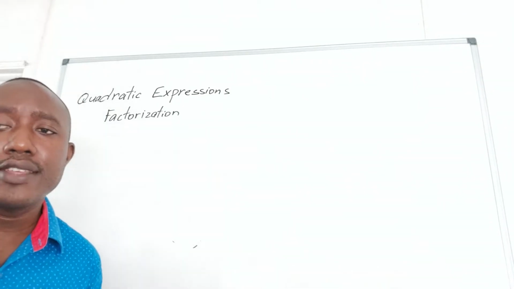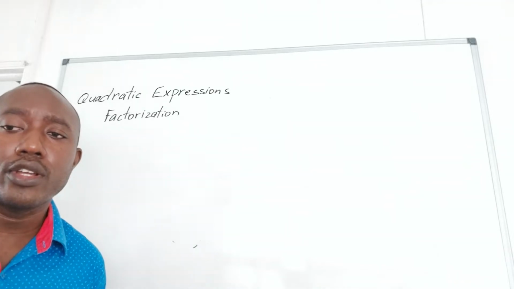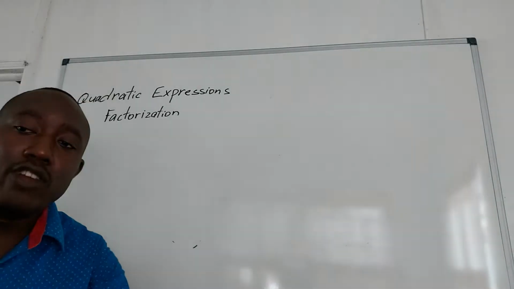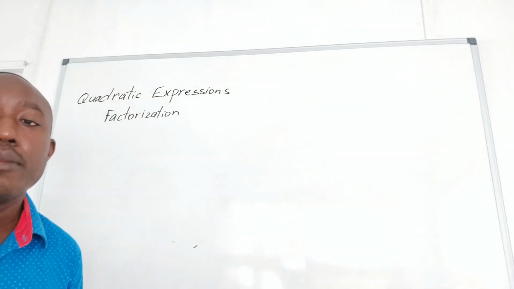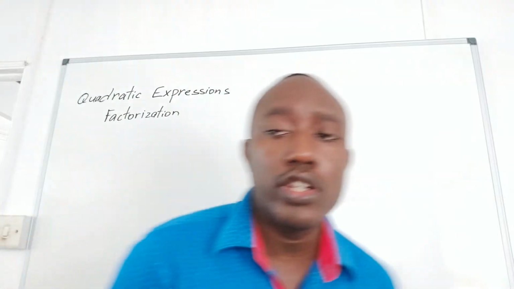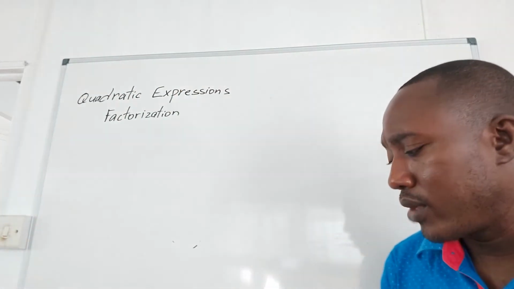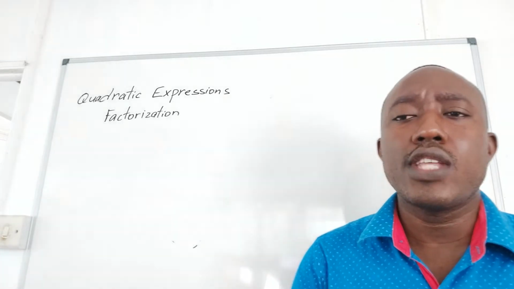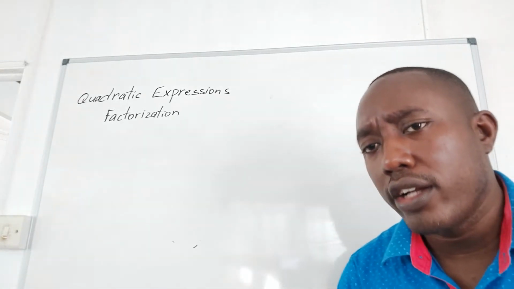When we're factorizing quadratic expressions, we want to change from the quadratic expression to the binomial form. There are about four steps we need to take in order to do this.